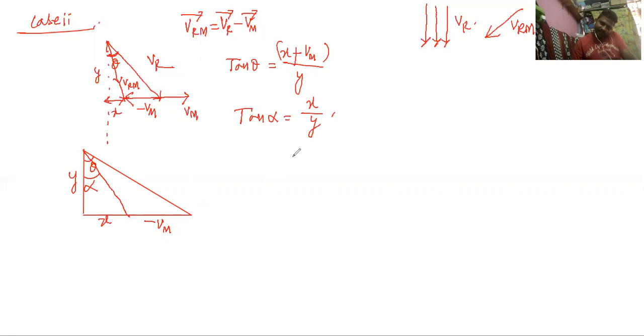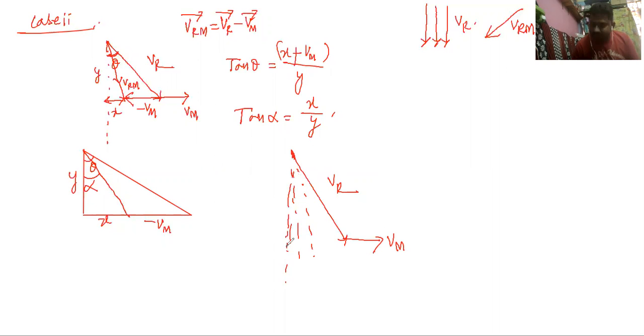This is the actual rainfall in this case, velocity of the rain with the vertical. Person is moving in this direction, velocity of the man. For him, rain will appear maybe like this, or it may be vertical. Are you understanding?